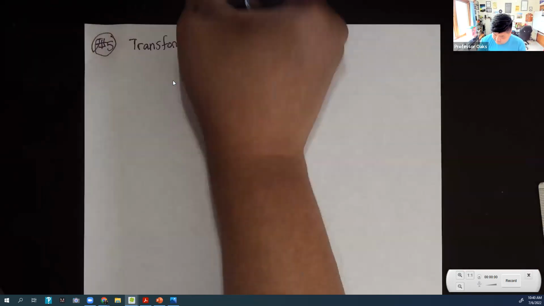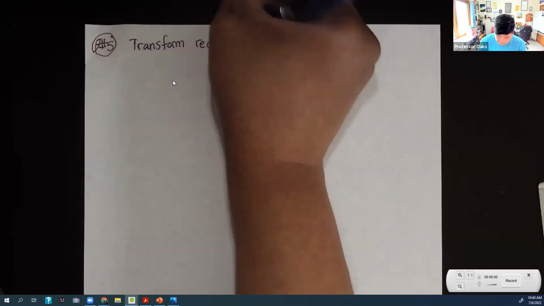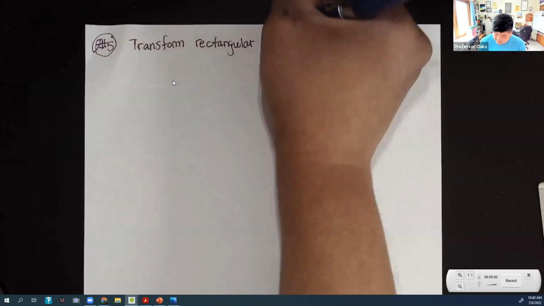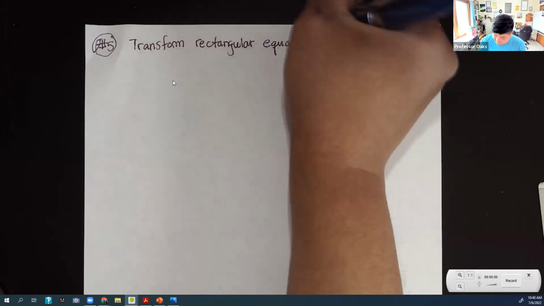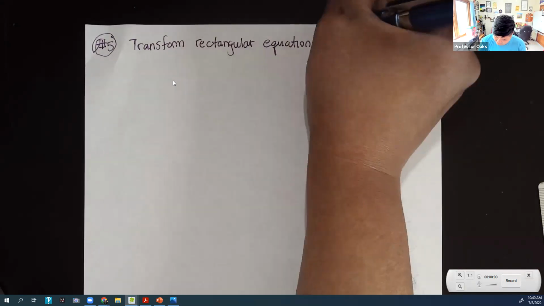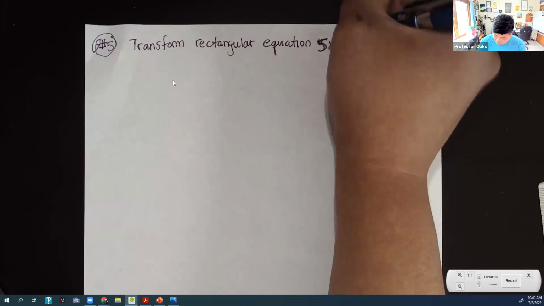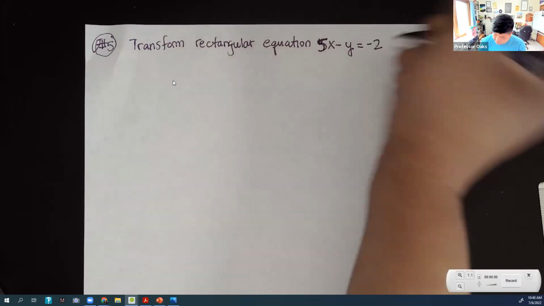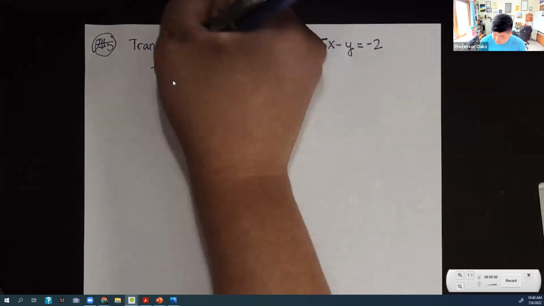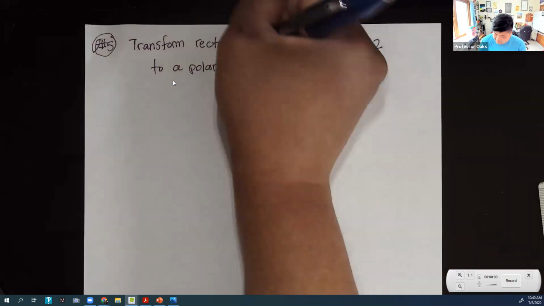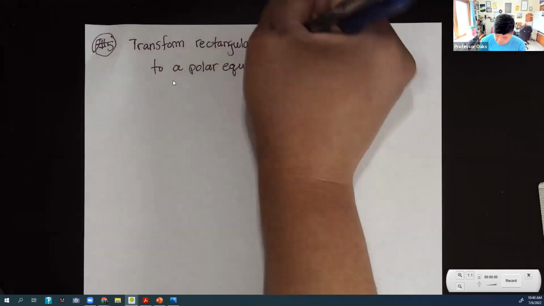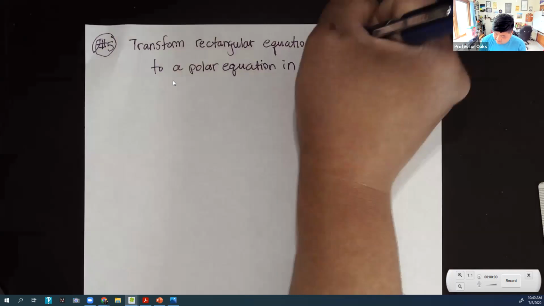So, transform the rectangular equation 5x minus y equals -2 to a polar equation, and then they'll say in r and theta.